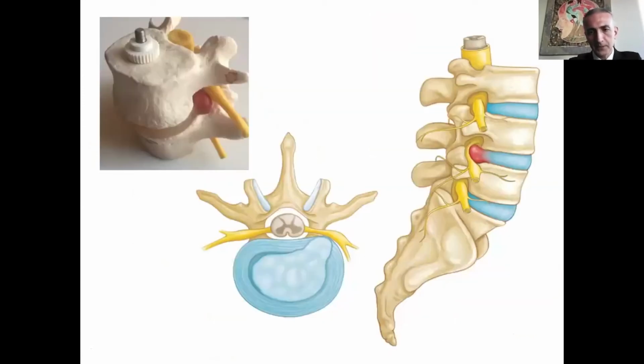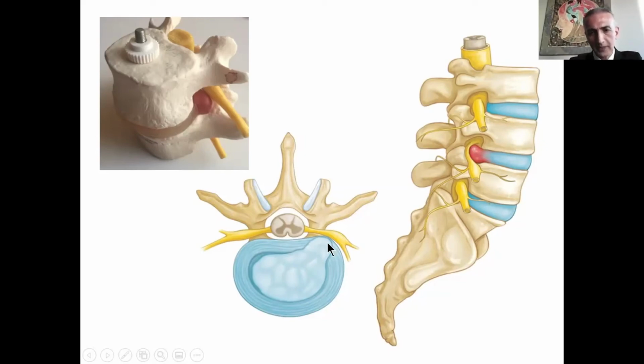Again, this is another picture. So you see here clearly that this is here. Again, this is a disc herniation. Here, this is the 5th vertebra, this is 4th, and the disc herniation impinges the nerve root here. You can see the cross section so that the nucleus or the jelly core escaped out due to cracks here in the ring.